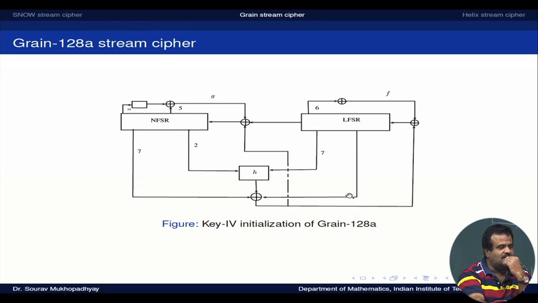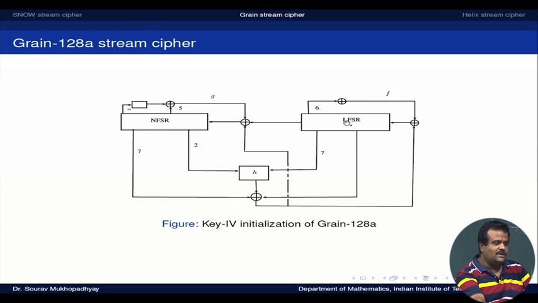But the key initialization step is here. What are we doing in the key initialization step? Here also we have an 80-bit LFSR, and the NLFSR is 128 bits. So our key is 128 bits, which we put into the NLFSR, and the IV is 96 bits.